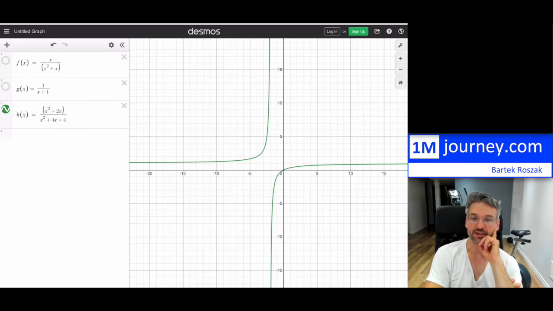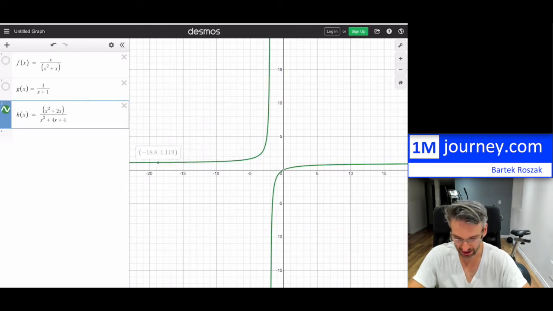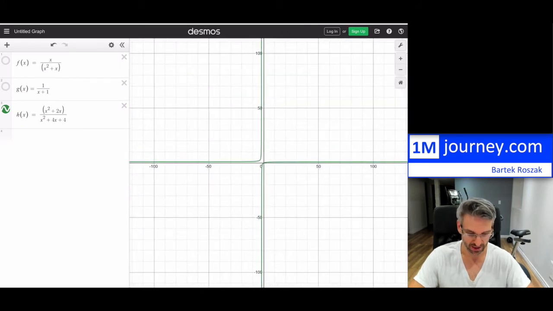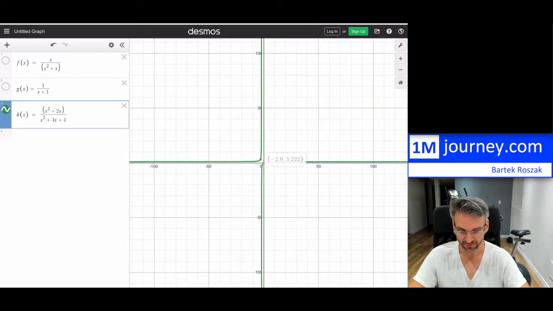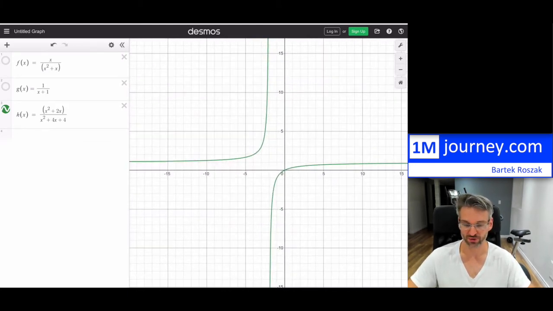The problem here is, again, at -2 it's undefined, so we can't have any values there, but for everything else it seems to work pretty well. Notice that it starts to approach 1 from the left, and here it's approaching 1 from the right as well, as you keep making x bigger and bigger. And you will notice that right here. All right, so that's how this one looks, very similar to our 1 over x plus 1, almost.